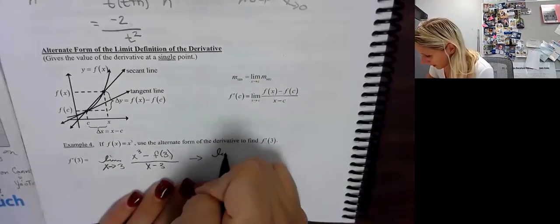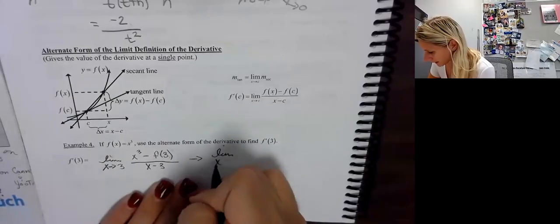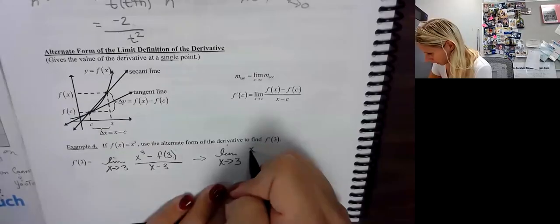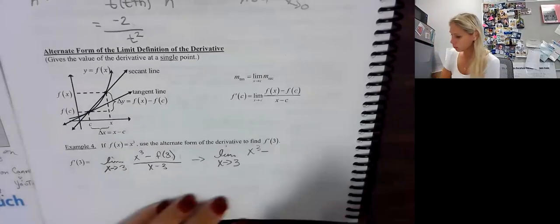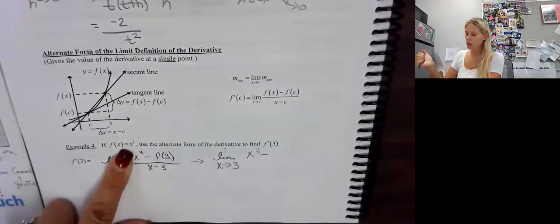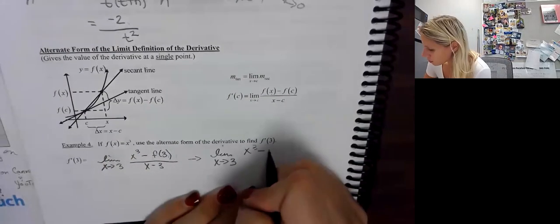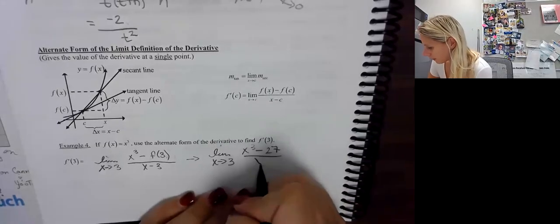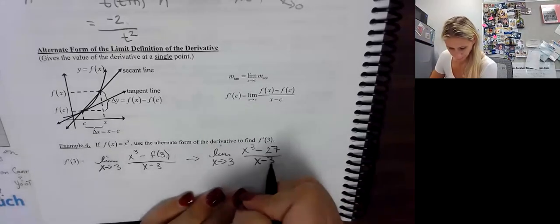So I get limit as x approaches 3 of x cubed minus, well, if I plug in 3 for x here, 3 cubed is 27, all over x minus 3.